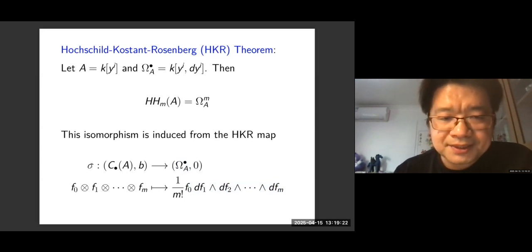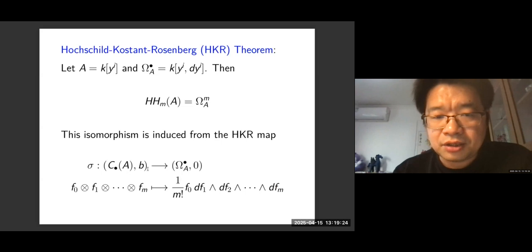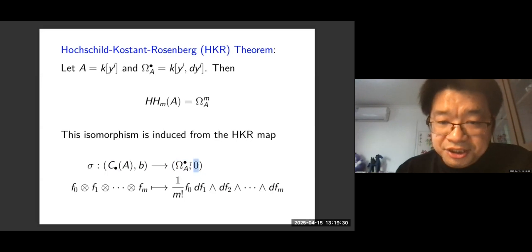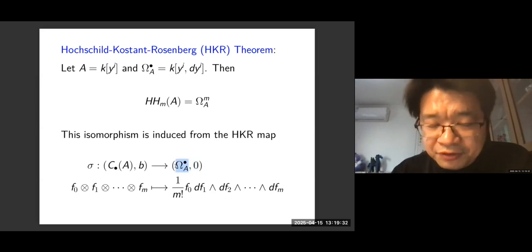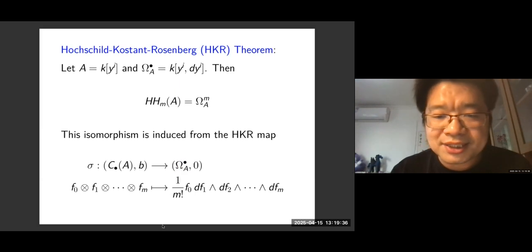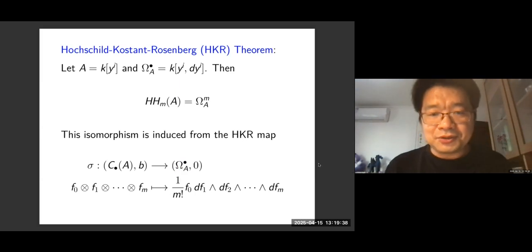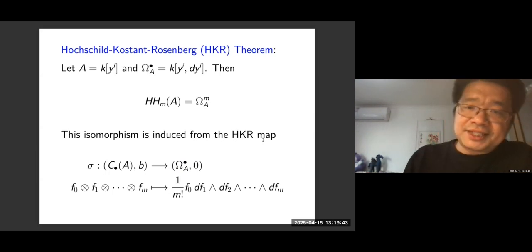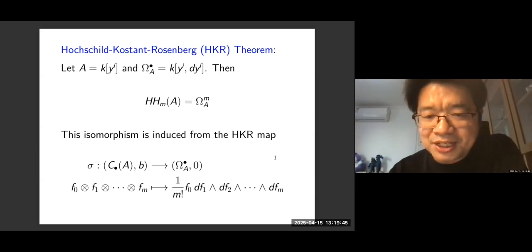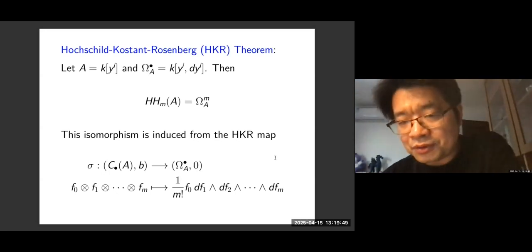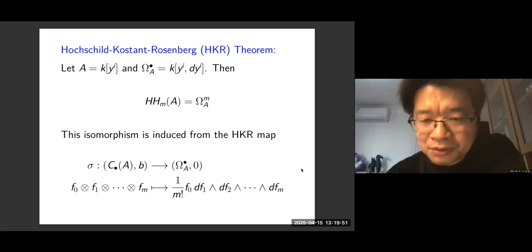You can show this map sigma intertwines the Hochschild chain complex with the complex of differential forms with zero differential on the right-hand side, and it's actually a quasi-isomorphism. So if you pass to homology, you get the HKR theorem. This map is very illuminating, and it is a way to connect the noncommutative world with the commutative world.